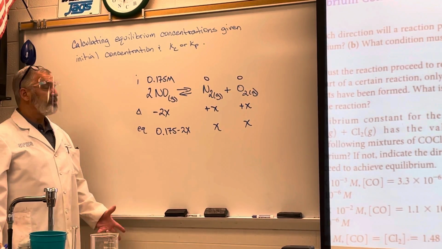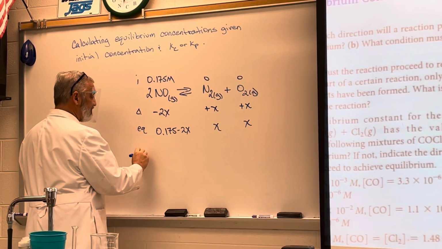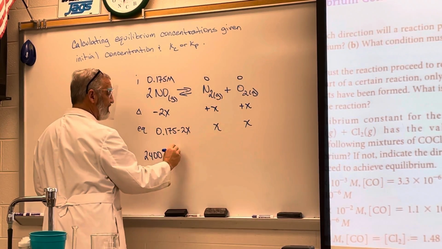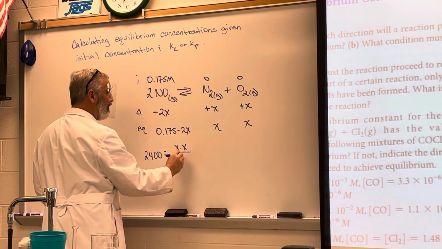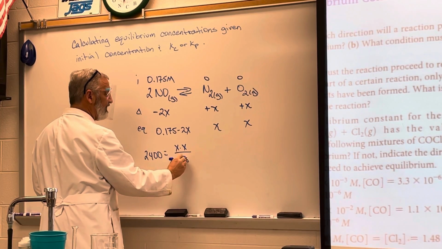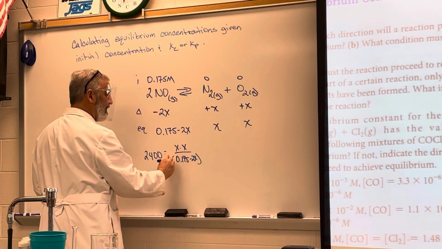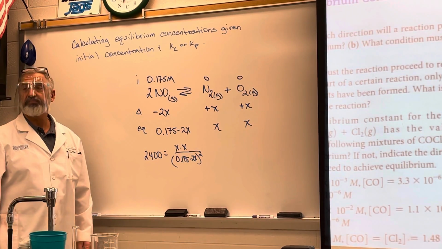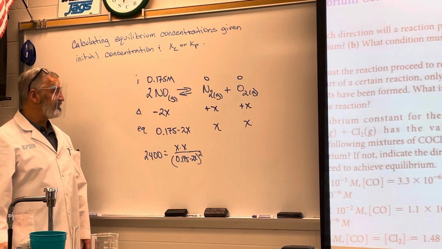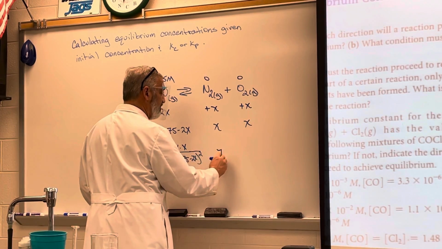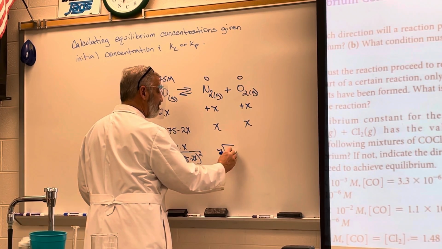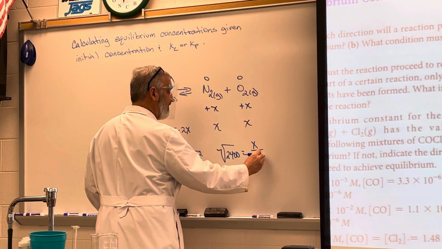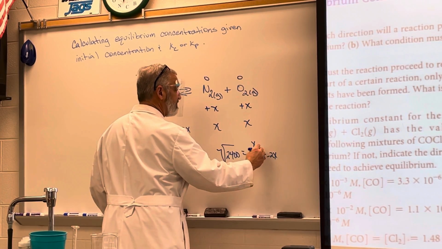Kc, 2400, is equal to products x times x over (0.175 minus 2x) squared. How do I simplify that? Square root of both sides. So the square root of 2400 equals x over 0.175 minus 2x.